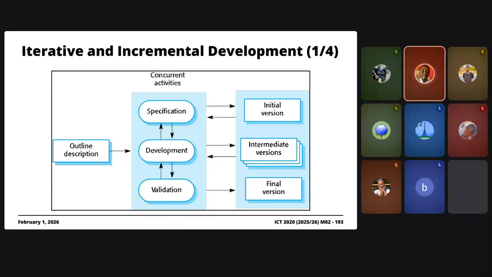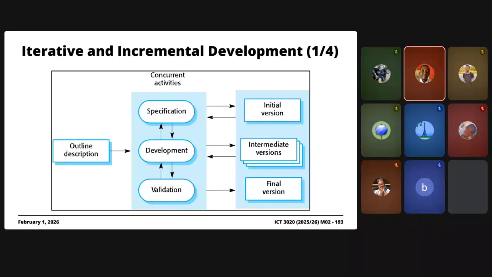Because your software process model can be both iterative and incremental, or just iterative, if it's iterative and incremental in nature, at the end of each cycle you are producing some version of software. Usually when you build software by looping through cycles, you have multiple versions of the software. In our case, we have 3 versions: version 1, the initial version; version 2, the intermediate version; and version 3, the final version.